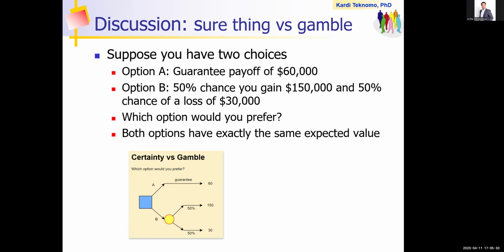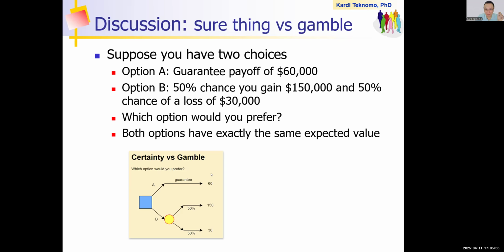Sir, at first, I'm guaranteed 60,000. In option B, you have a 50% chance to lose 30,000. If you don't have money, you have a debt already of 30,000. Okay. So you prefer A because it's guaranteed 60 without a possibility of losing, right?